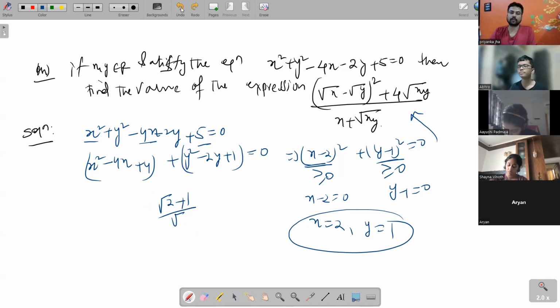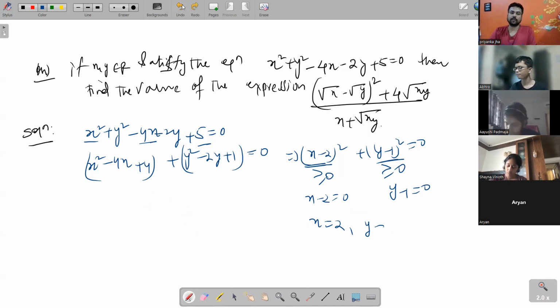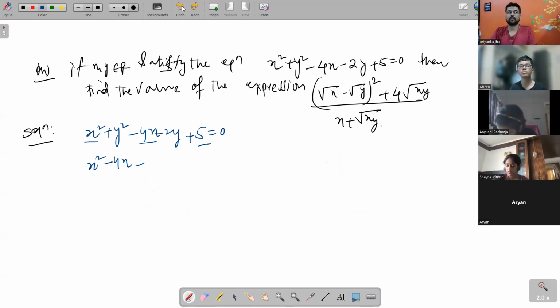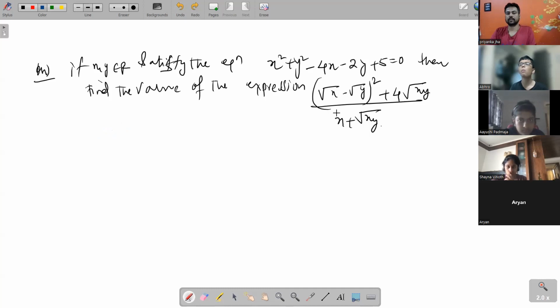Okay, now let me go back to the previous question. Sir, I'm getting root 2 plus 1. Yes, root 2 plus 1 by root. You are not getting root 2 in the denominator? No, sir. Check it now. You have to put the value in the denominator as well.